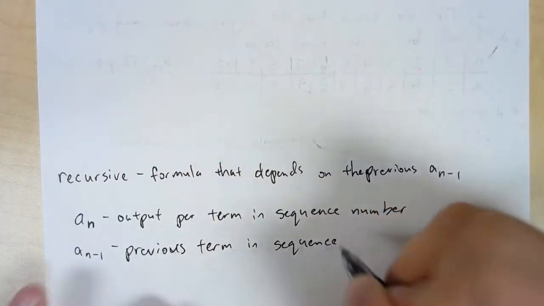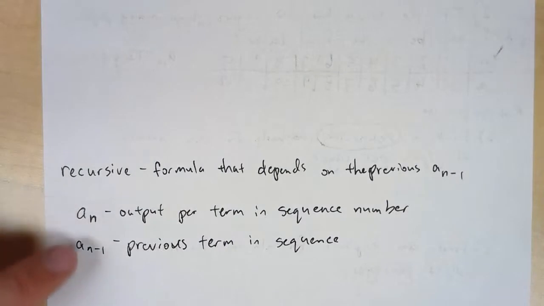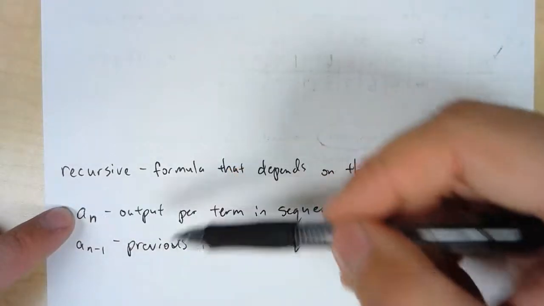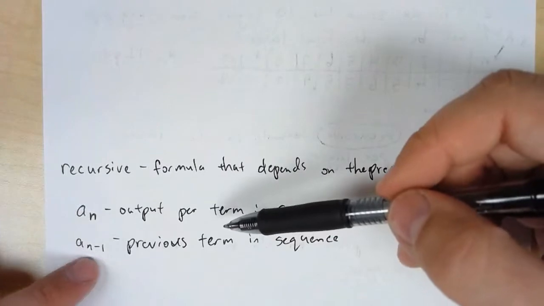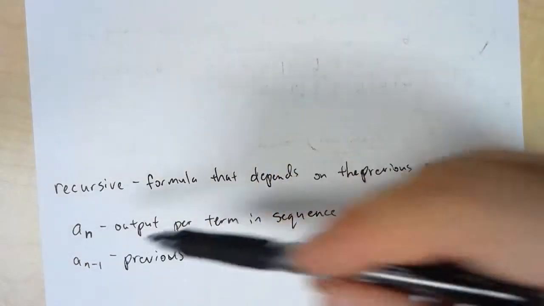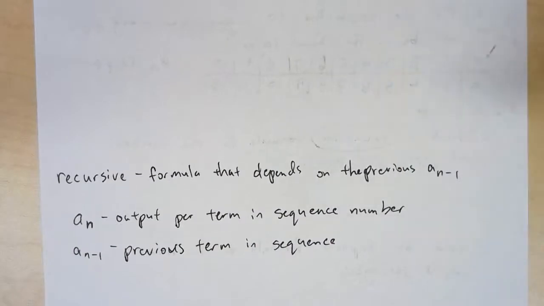So for example, if we said this was a sub 10, the previous one is a sub 10 minus 1, which is a sub 9. If we were looking for a sub 1000, so the 1000's output, the previous term is 1000 minus 1, which is a sub 999. So we're going to use these two notations to write a new one.